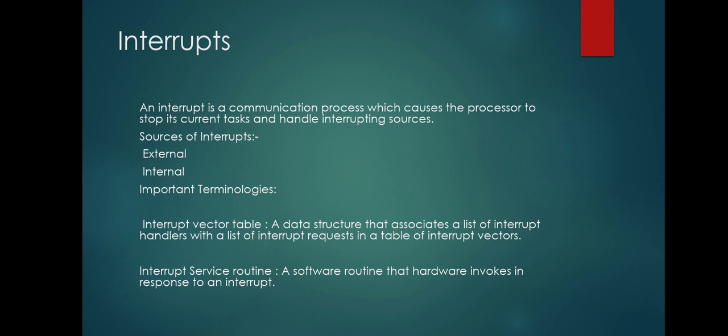Important terminologies regarding interrupts are the interrupt vector table, a data structure that associates a list of interrupt handlers with a list of interrupt requests in a table of interrupt vectors. Another terminology is the interrupt service routine, ISR. It is a software routine that hardware invokes in response to an interrupt.